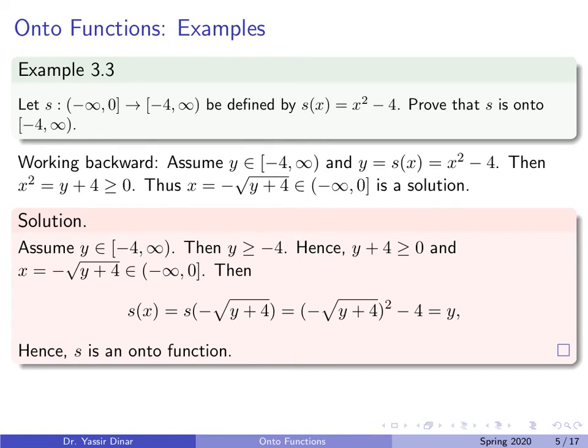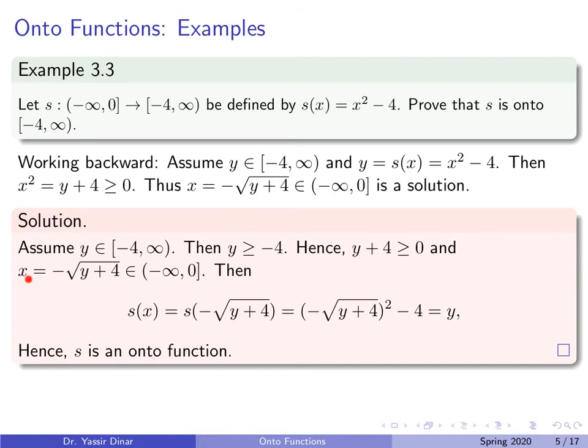So we write our proof as follows. We assume y is in the interval from minus 4 to infinity. Then y will be greater than or equal to minus 4, and hence y plus 4 is non-negative. And so x is equal to minus the square root of y plus 4. This will be an element in R, and with the minus, it will be in the interval from minus infinity to 0.